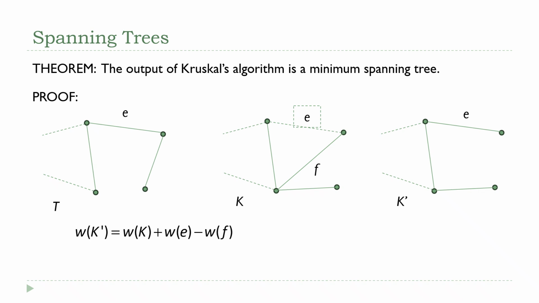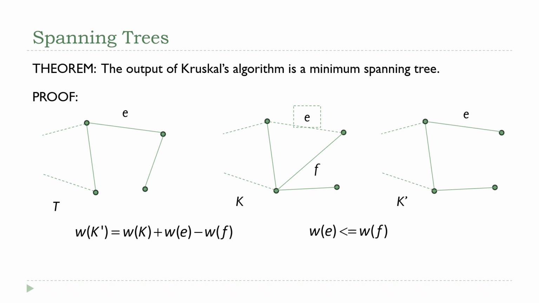Okay. Also, the weight of E is less than or equal to the weight of F. If F had been added before E, that is, it had a lower weight, then adding E would have created a circuit, and obviously that's not allowed. So the weight of F must be greater than or equal to E. It has to have been added after E in the algorithm.